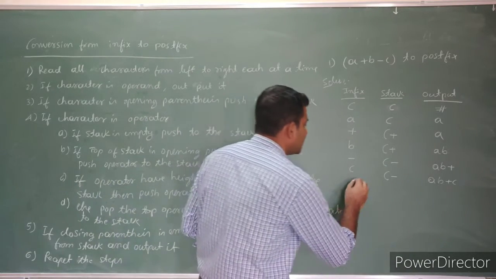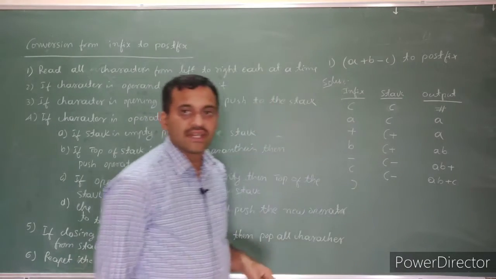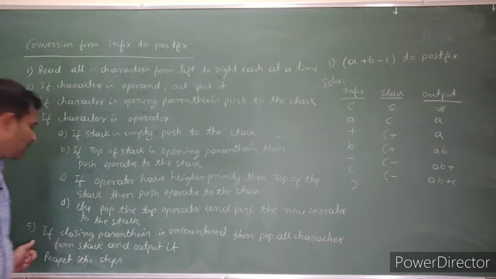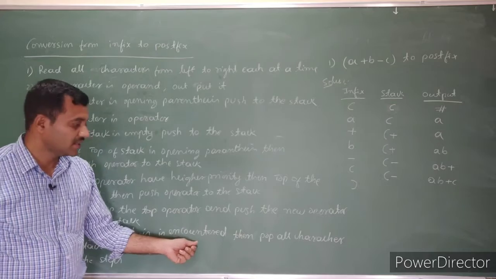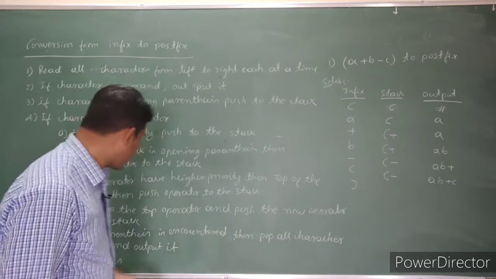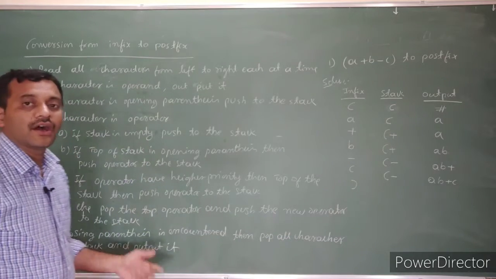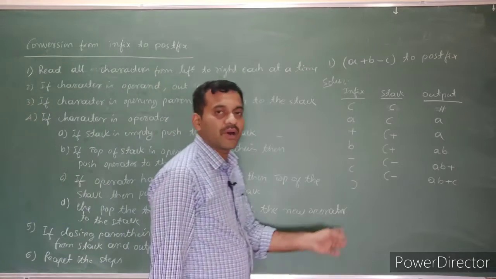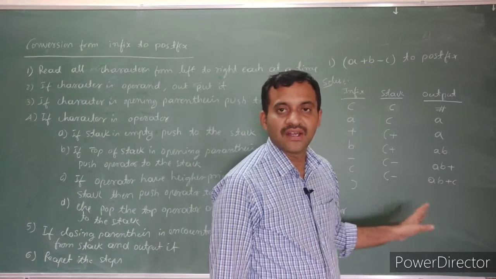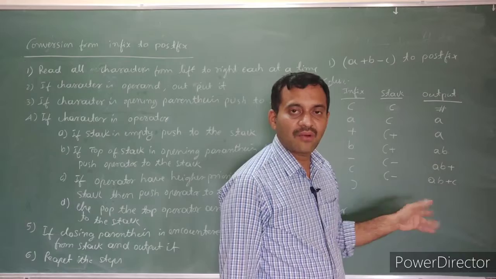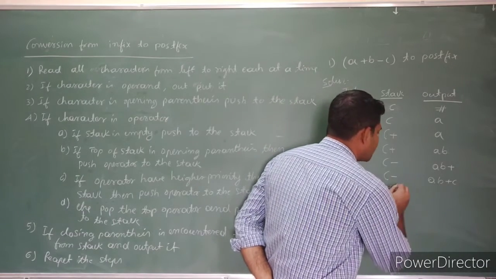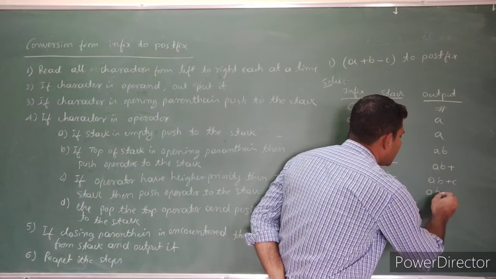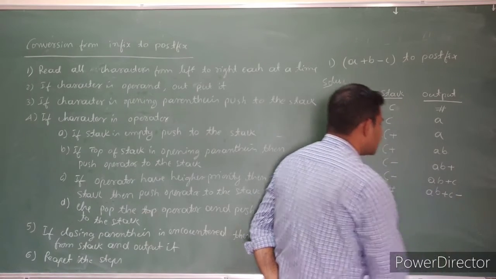Then read the next one, closing parenthesis. If it is a closing parenthesis, see step number 5. If a closing parenthesis is encountered, then pop all characters from the stack and output them. The stack has only operators, so pop all the operators from the stack: A, B plus C minus.